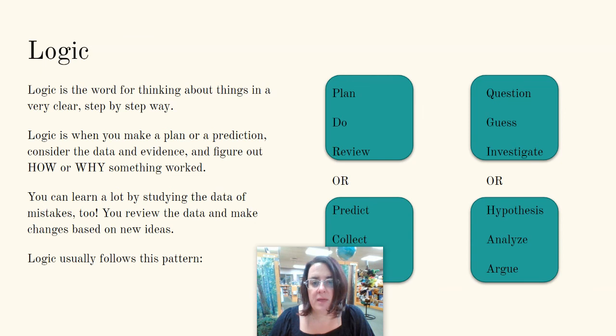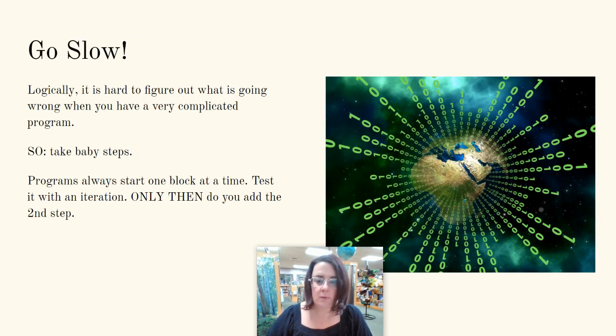Logic is when you think carefully and go step by step. The process that we're going to follow this week is called plan, do, review. When you review to change your plan and try again, that needs to happen in baby steps.